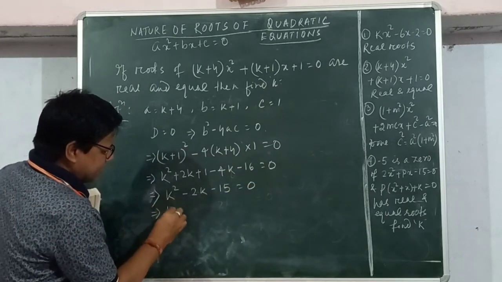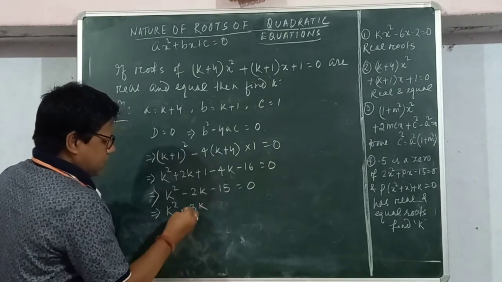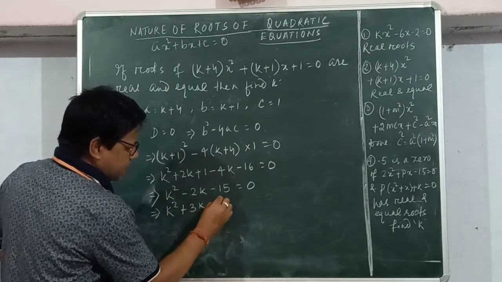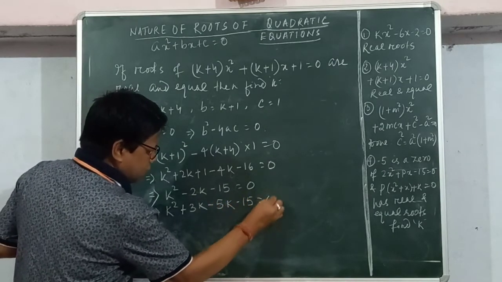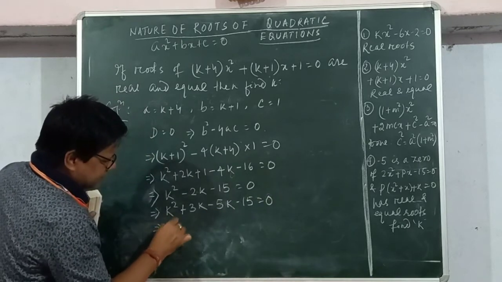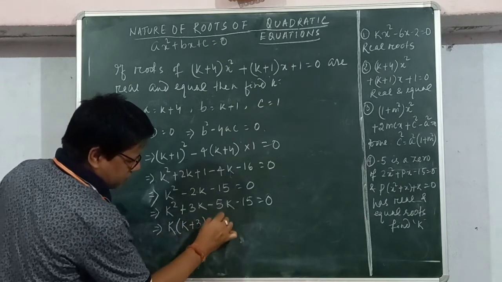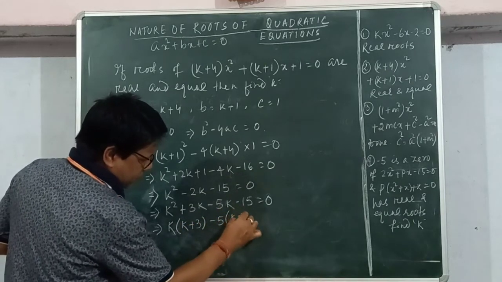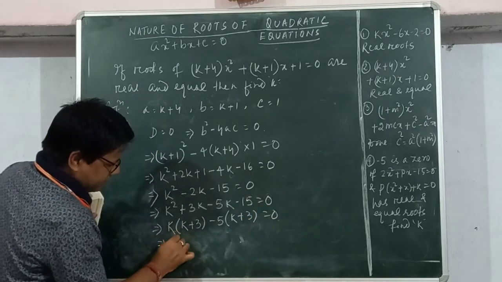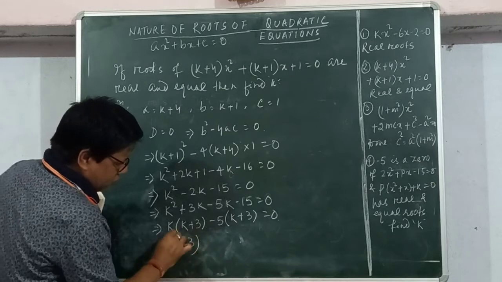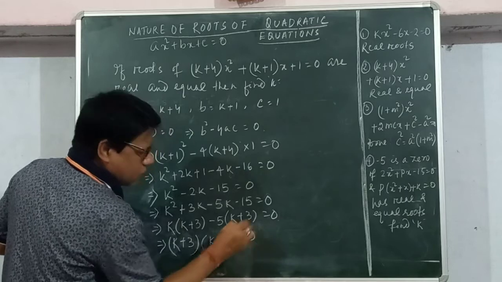Implies that k square minus 3k plus 3k minus 5k minus 15 is equal to 0. Implies that k into (k plus 3) minus 5 into (k plus 3) is equal to 0, which implies that (k plus 3) into (k minus 5) is equal to 0.